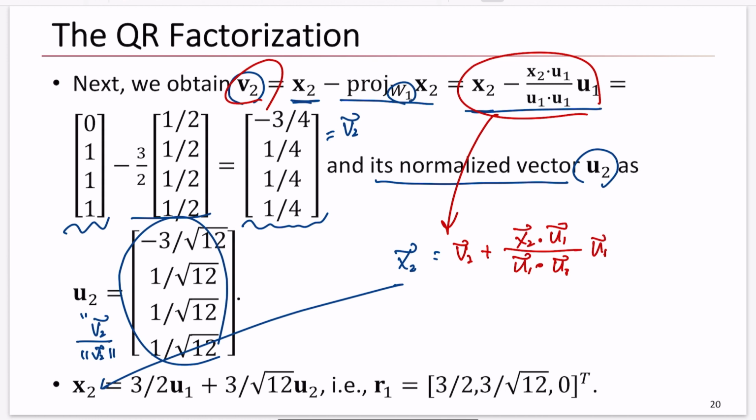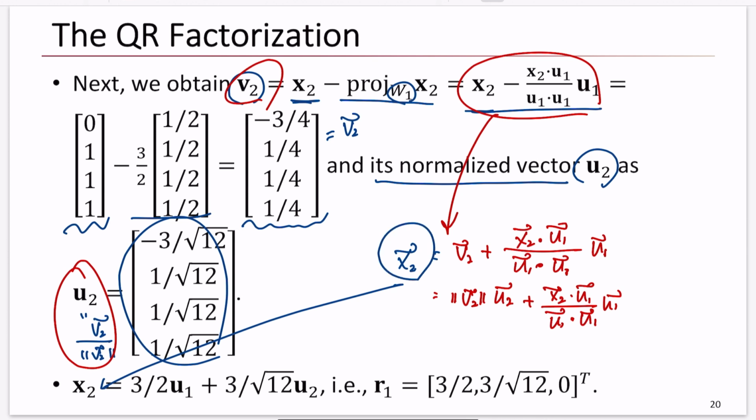Then v2 is going to be the length of v2 times u2. Then plus the same term with u1, like this. Surprisingly, we just represent x2 in terms of u2 and u1.